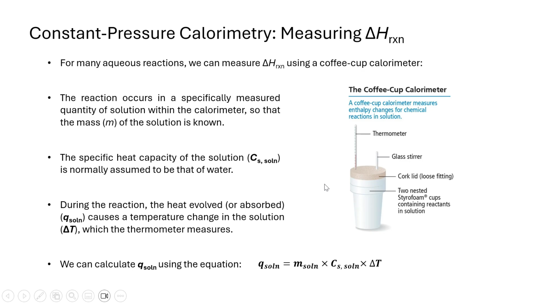Remember that in calorimetry, what's the goal? The goal is to track the change in temperature of the surroundings based on what the system did. The system is going to do something to the surroundings that's going to cause a temperature change, either up or down. And we can quantify the amount of heat that the system either absorbed or released based on the heat that was absorbed or released by the surroundings.